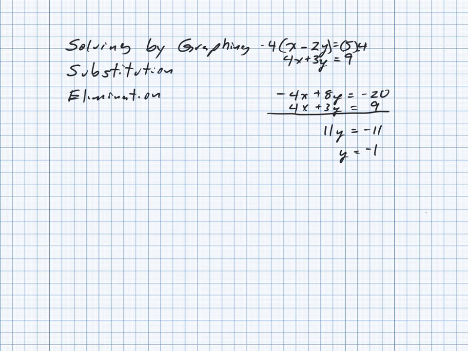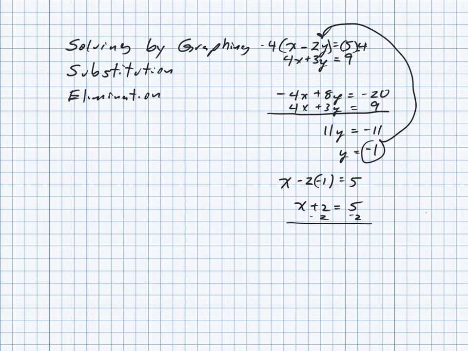Now, to find out what x is equal to, we're going to take this negative 1 and substitute it into the original equation. And we get x minus 2 times negative 1 equals 5. x plus 2 equals 5. Subtract 2 from both sides, and x is equal to 3.